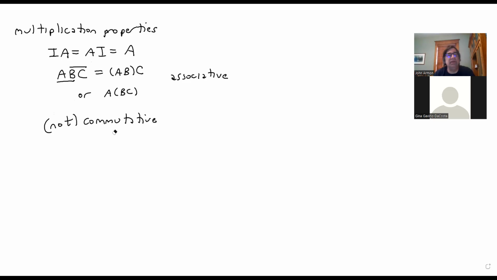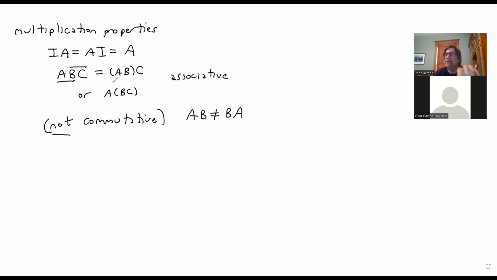In general, you can't switch the order and even get a product, let alone have them be the same. But associative is true. So matrix operations are a good example of something that is associative, but not commutative.